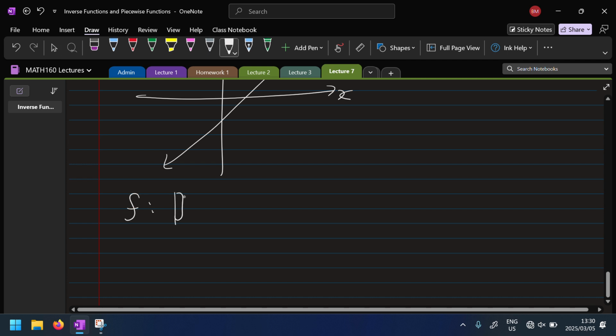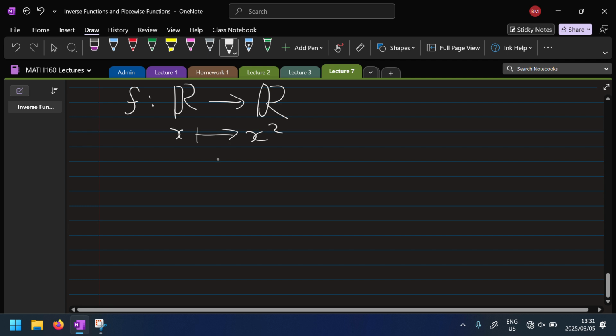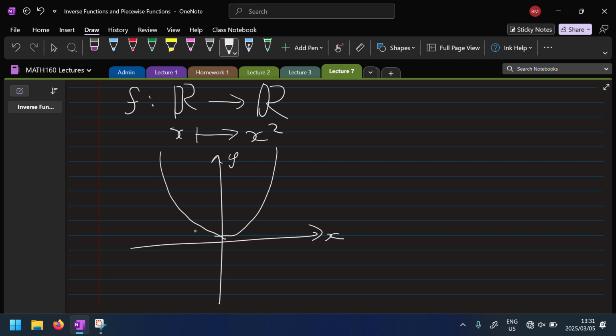So we have f from R to R, x going to x squared. Yeah. Again, we draw a little picture to see what the outputs are. So we got all the inputs x, all the outputs y. It's going to look like that. Okay, so we got our picture. We can see what the range is.